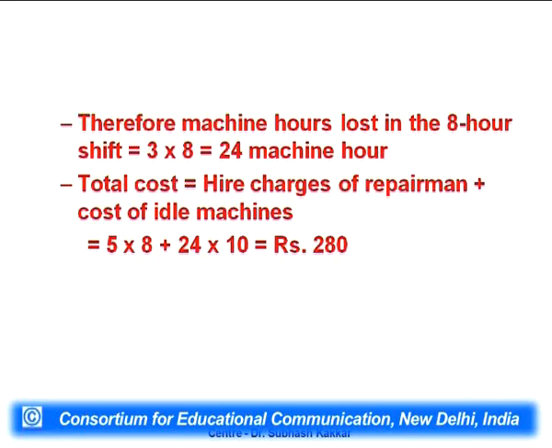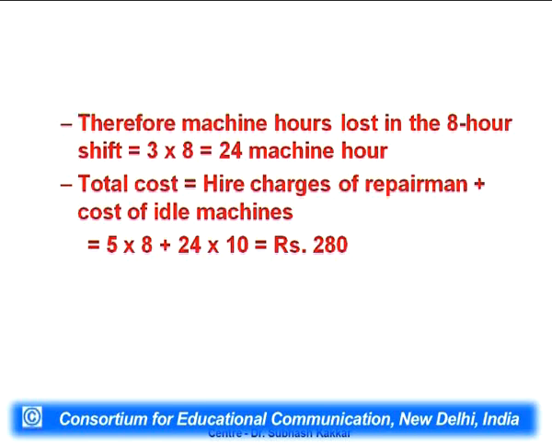Total cost is the hire charges of the repairman plus the cost of idle machines. Hire charges for the 8-hour shift and then the machine downtime loss: 5 into 8 plus 24 into 10 is equal to rupees 280. 24 machine hours are lost and the machine hour loss is rupees 10 per hour, so 24 into 10; and for the 8-hour shift, the repairman is charging 5 rupees per hour.